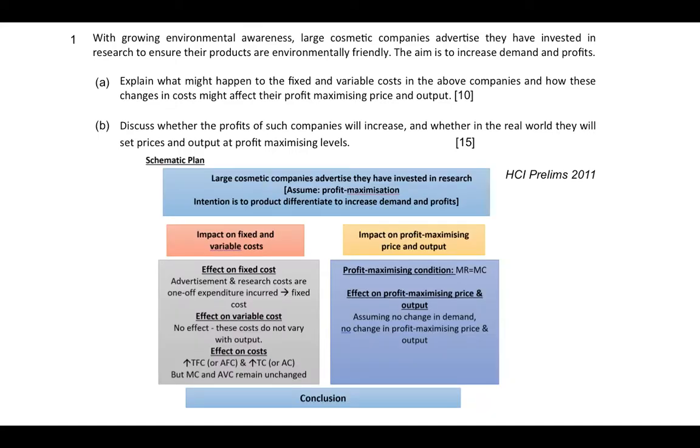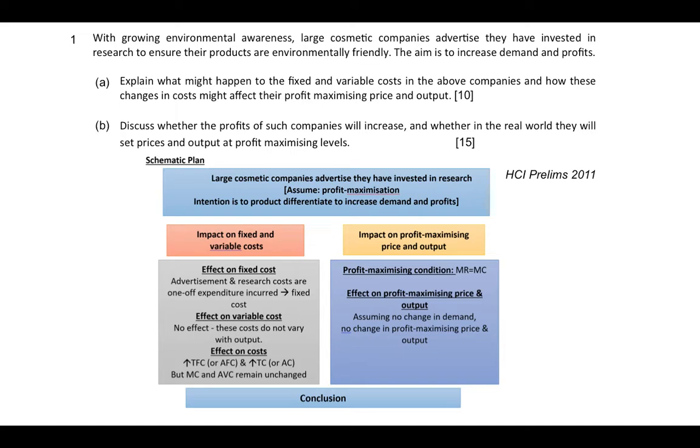Because what we are looking at here, the impact on fixed and variable costs, it would actually affect your fixed costs only, because advertisement and research costs here are one-off expenditure. So you undertake advertisement now. That's the one price that you pay, and then whether you produce more or less, it does not affect the price that you pay for the advertisement. Likewise for research and development.